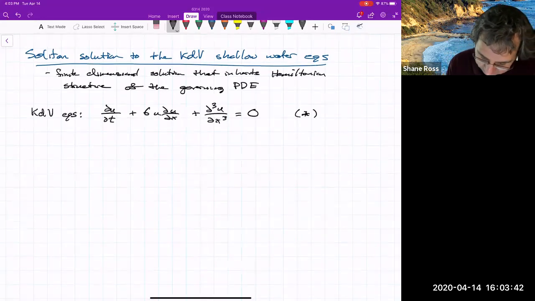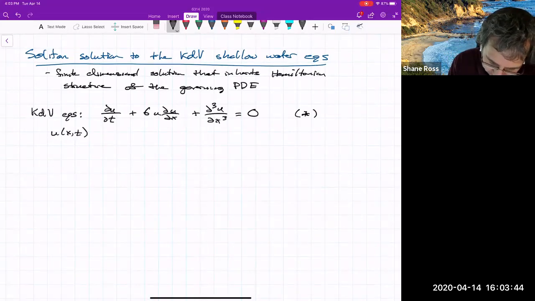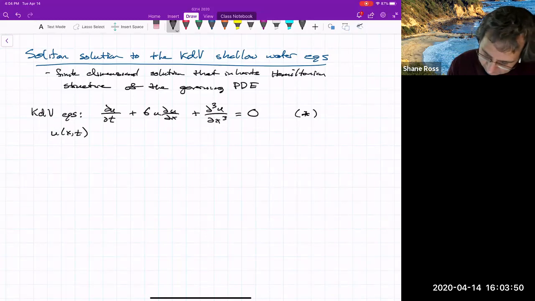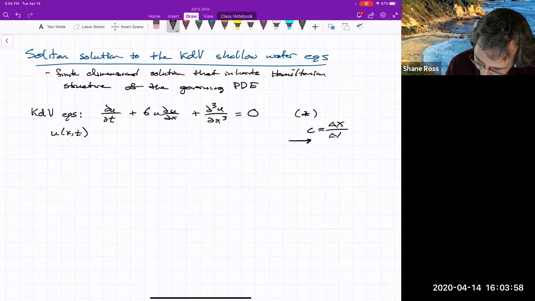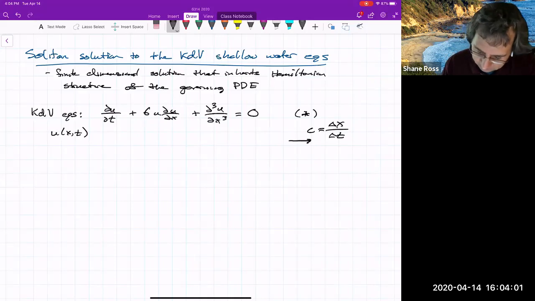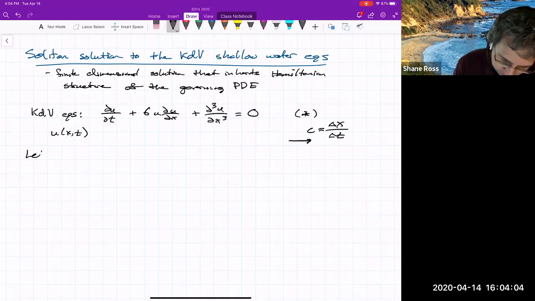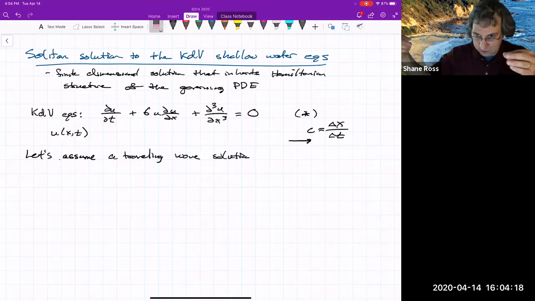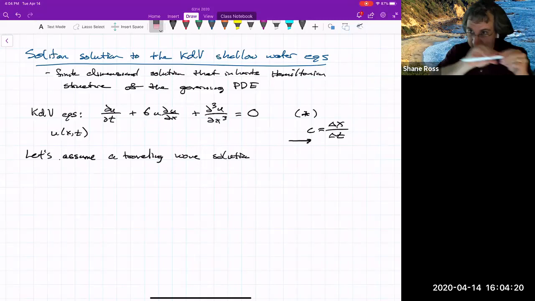In this case, we've got u, which is a function of x and t, but a wave is going to be a function of something that combines x and t. Usually there's a wave traveling where you go a certain distance x in a certain amount of time. So let's assume a traveling wave solution. That's as opposed to a standing wave like a string where it's bound on both ends and it just stands there. A traveling wave is like water waves, it moves.